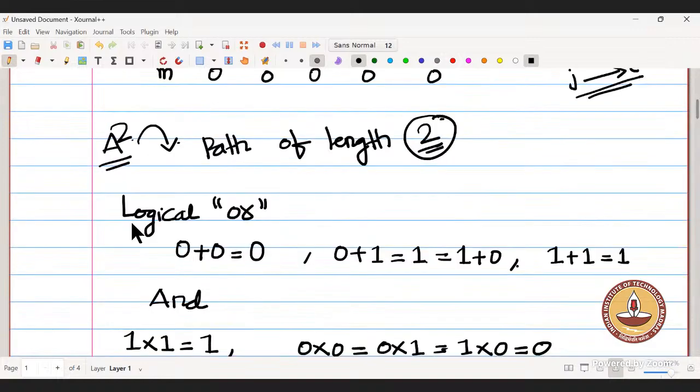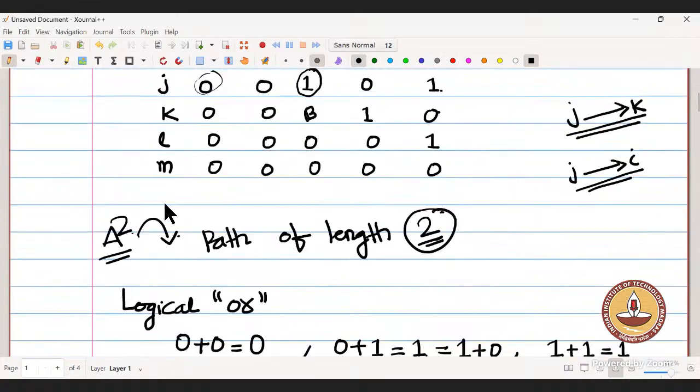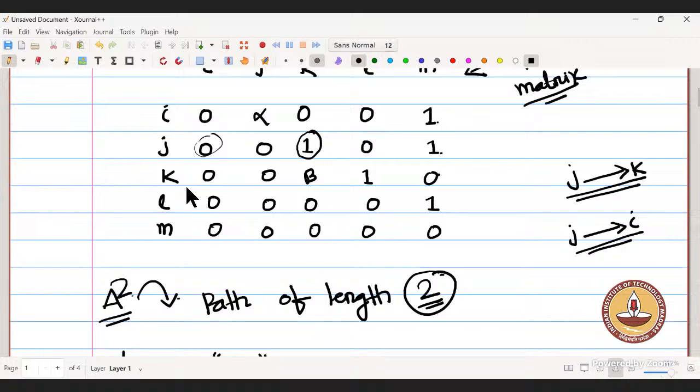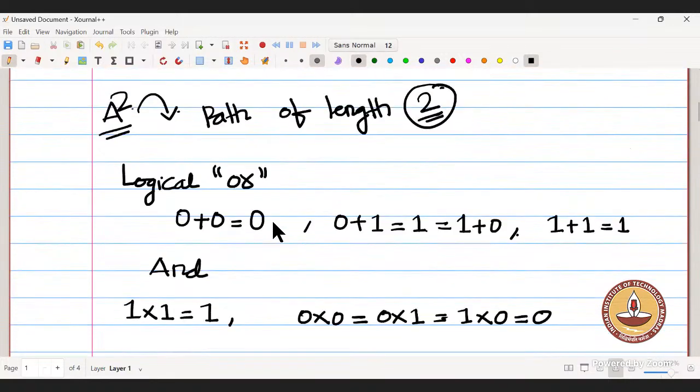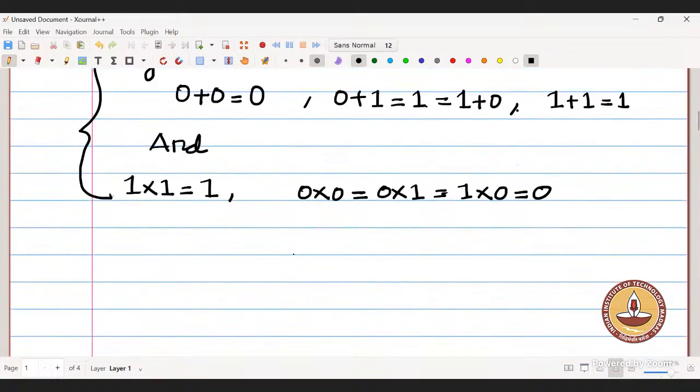So when computing A square, instead of applying the normal rule of addition and multiplication, I have to use this one. Using this rule, if I compute A square, it will give me the paths of length 2. So let's compute A square.